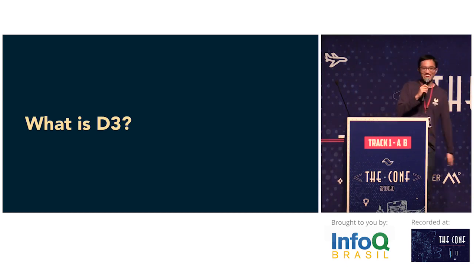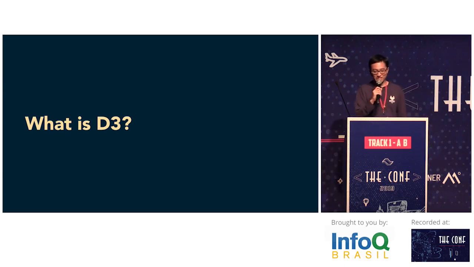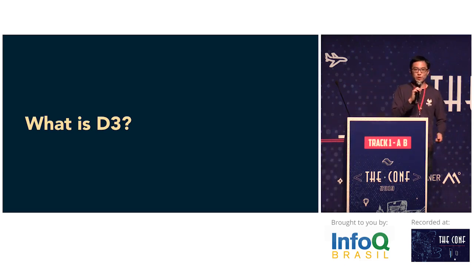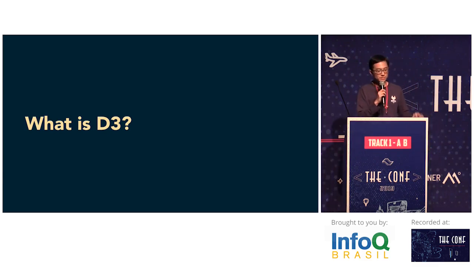So it's good that most of you have heard of D3, but I'll go ahead and explain it real quick for those who haven't. D3 stands for Data-Driven Documents. According to the website, D3.js is a JavaScript library for manipulating documents based on data using HTML, SVG, and CSS.